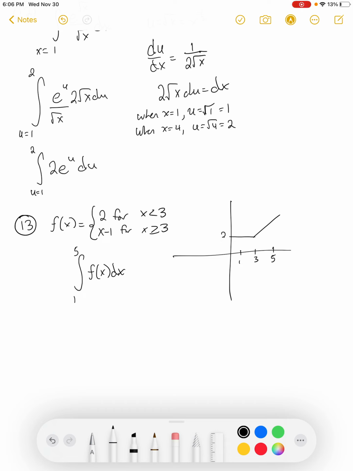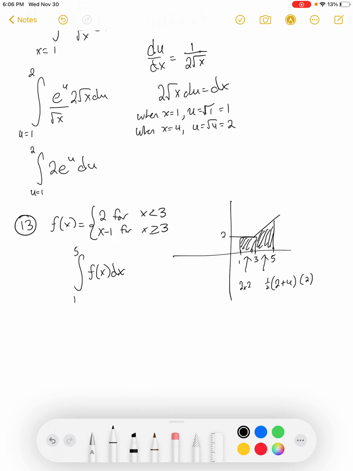So you could do this two different ways. You could simply do it geometrically and find this area and add this area. That would be 2 times 2, and this would be the trapezoid, so 1/2 times 2 plus 4 times 2.